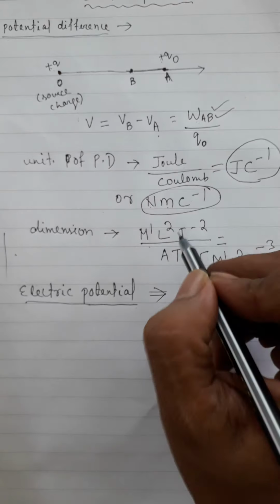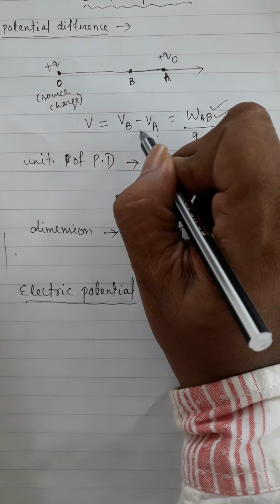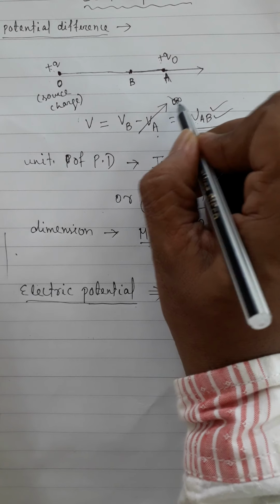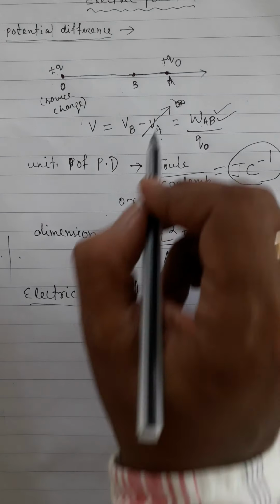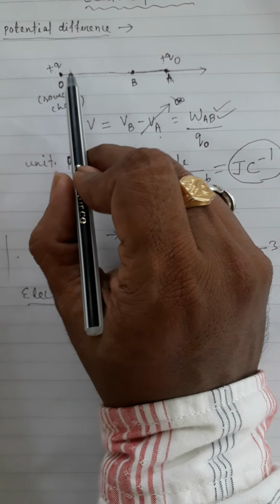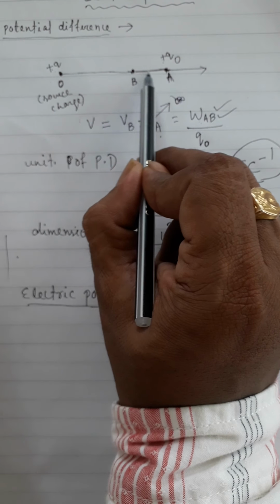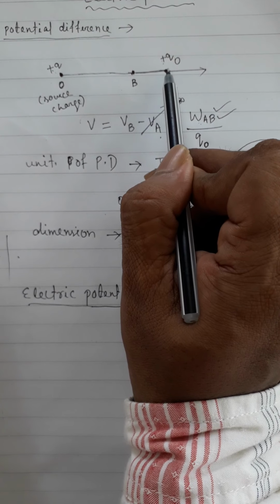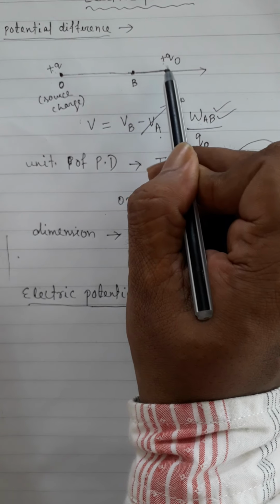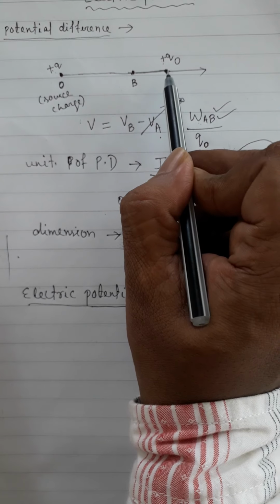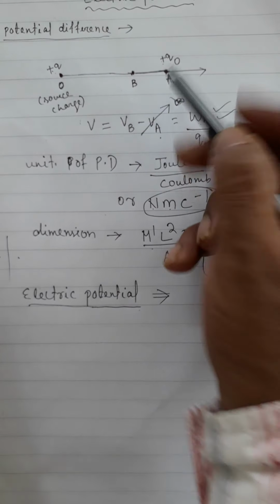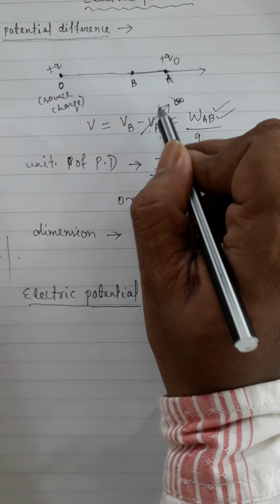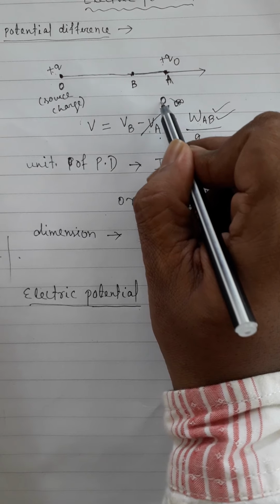If this point A lies at infinity, then the potential at this point will be 0, because if it is placed at infinity, the force experienced here is 0, the electric field is 0, the work done is 0, and the potential is 0.